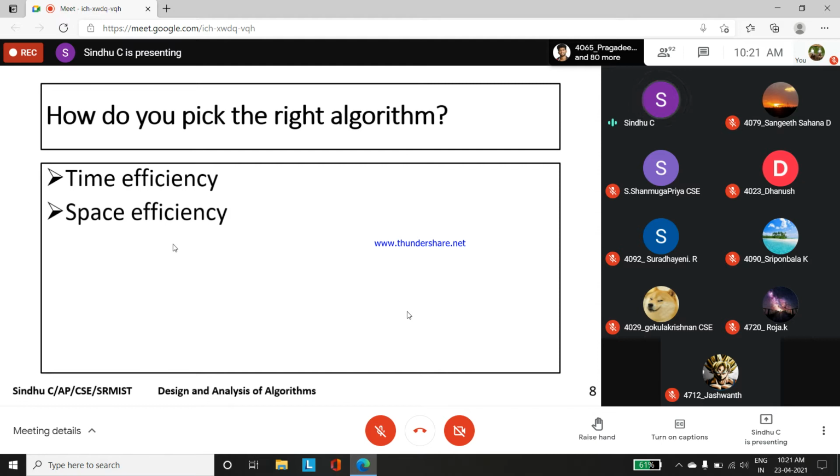Consider you are writing an algorithm for adding two numbers and it keeps running for 1 minute. You will be exhausted, right? So when the problem is smaller, obviously the time taken to execute it should also be smaller. Similarly, space.